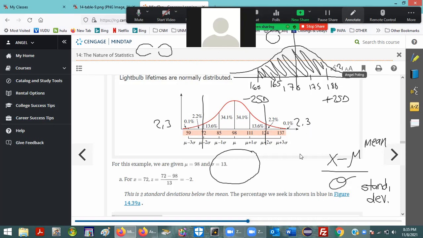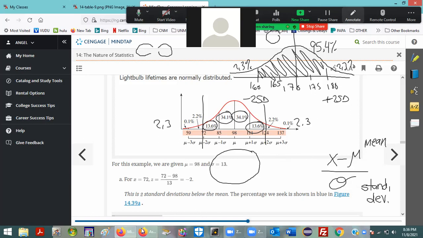If we add that together, that's 4.6%. So 95.4% is 13.6 plus 34.1 plus 34.1 plus 13.6. So that's how we get that about 95.4.